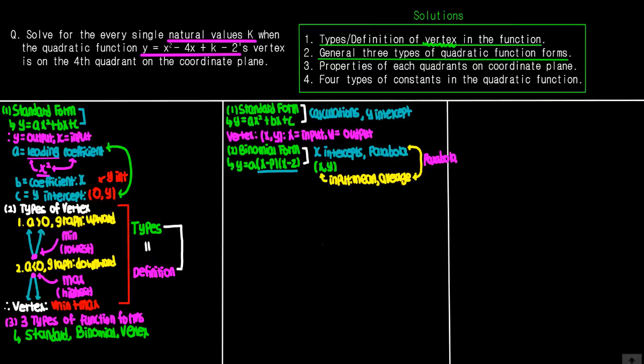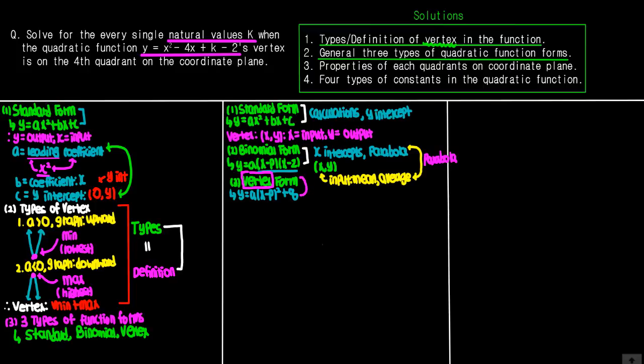And the last format will be our vertex form. We can see from its name, vertex form is optimized for solving for the vertex of a specific function, which means it is the easiest form for solving for the vertex as well as graphing the parabola.